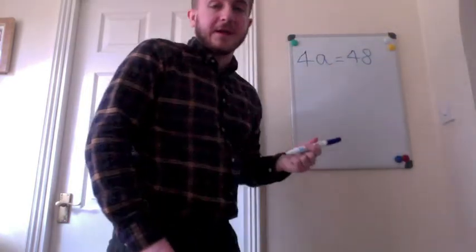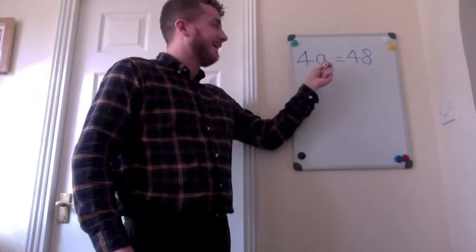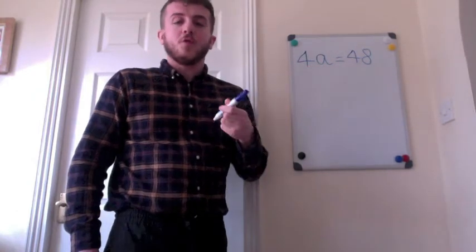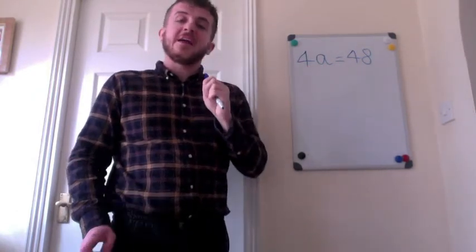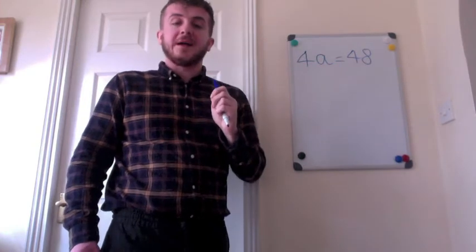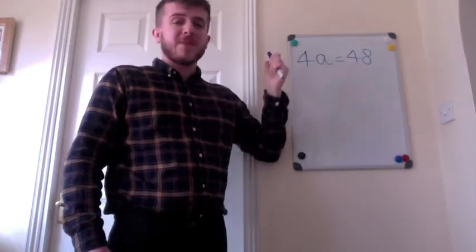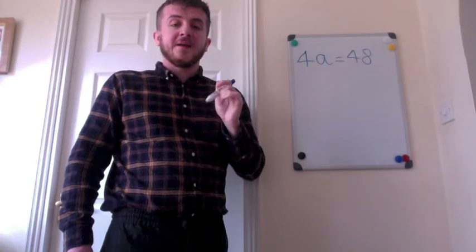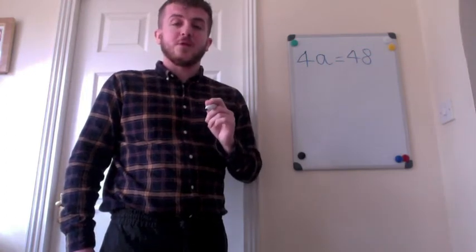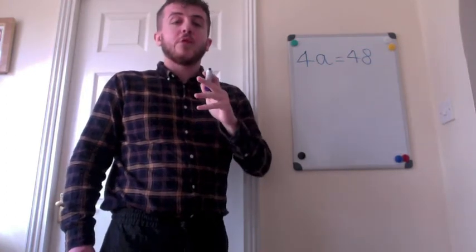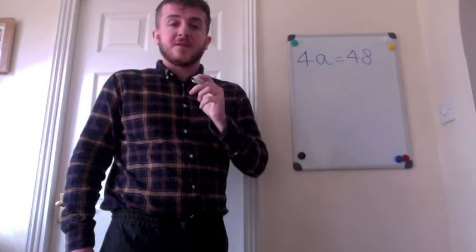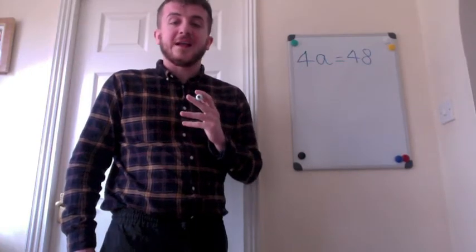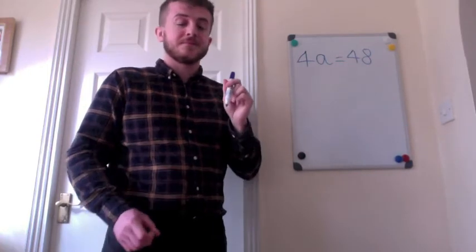Okay, first calculation. 4a equals 48. Remember that when the number is next to the letter, we are multiplying. So 4 times something equals 48. This is when you use your 4 times tables to get the answer. So pause the video and then we're going to go through the answer and how to work it out together.